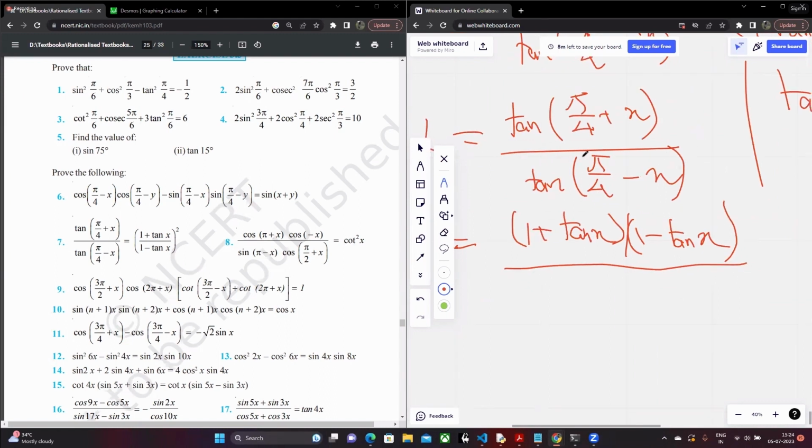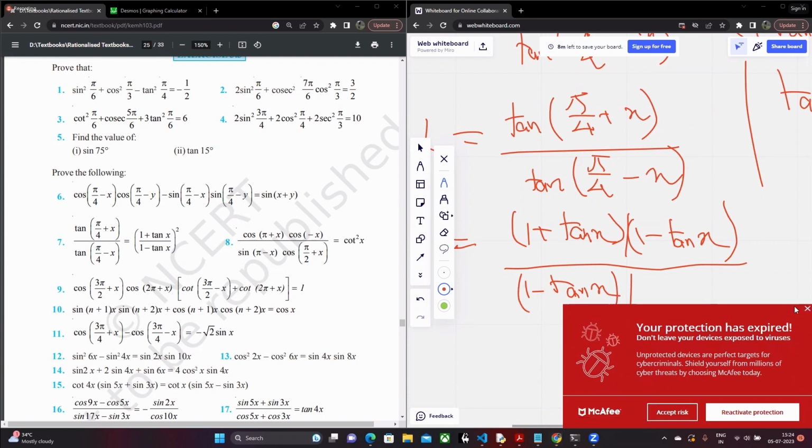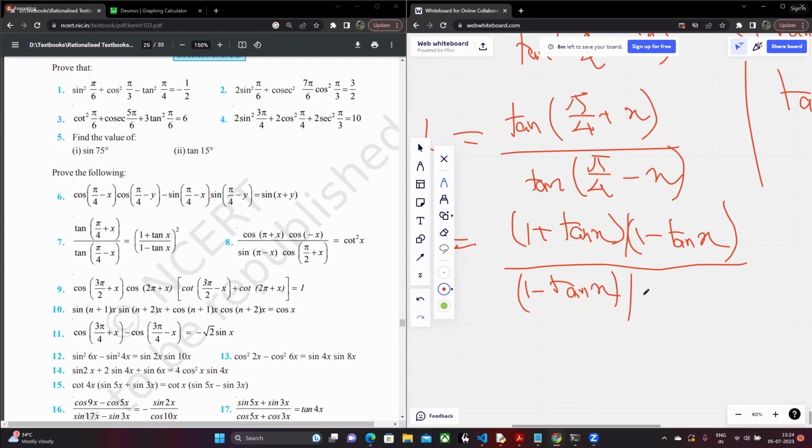As I stated earlier, this is basically an inverse, so it's 1 minus tan x divided by 1 plus tan x.